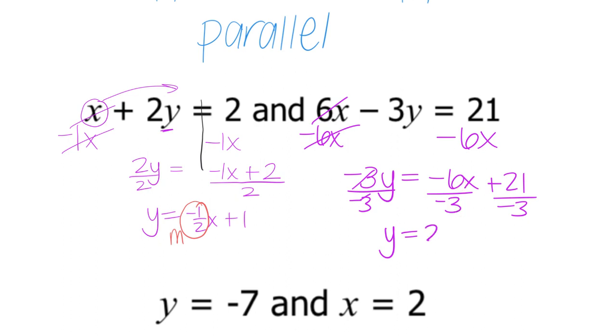That's positive 2. And then 21 divided by negative 3 is negative 7. So here's our second line, and this one has a slope of positive 2. So now we just have to compare these. So these are not parallel because they're not the same, but they are perpendicular because these are opposite reciprocals. So these would be perpendicular.